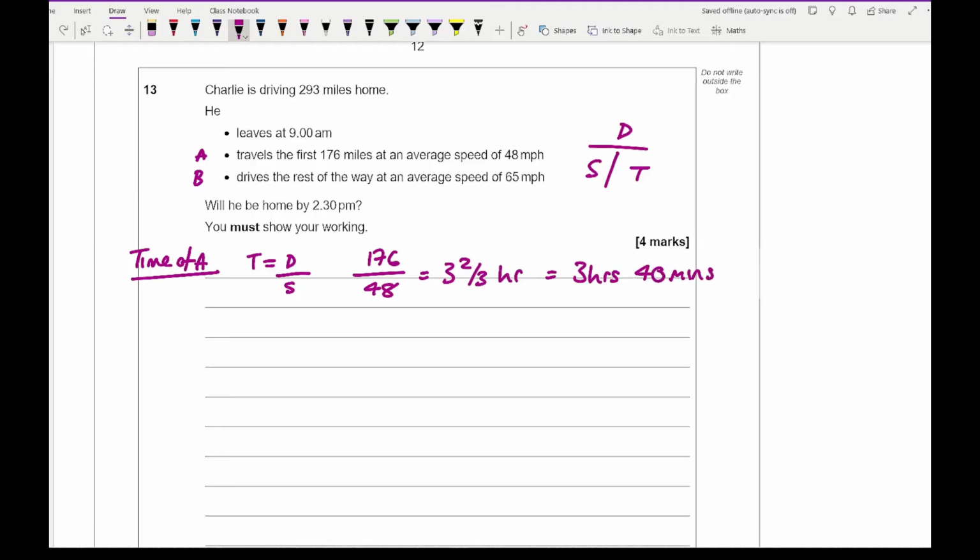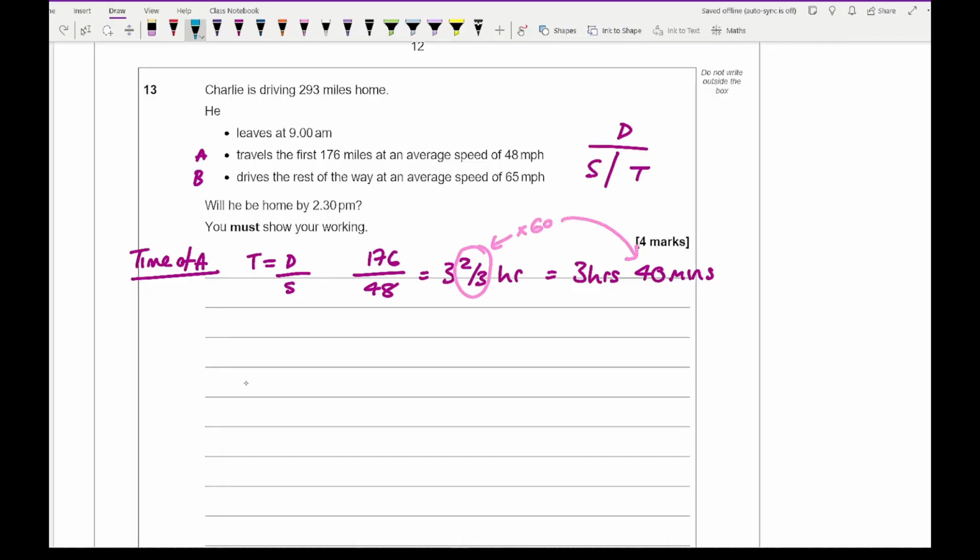Now, again, if you're not sure about converting fractions into minutes, if I just multiply that bit there by 60, it should give me the 40 minutes, which it does. Then moving on to the next stage.